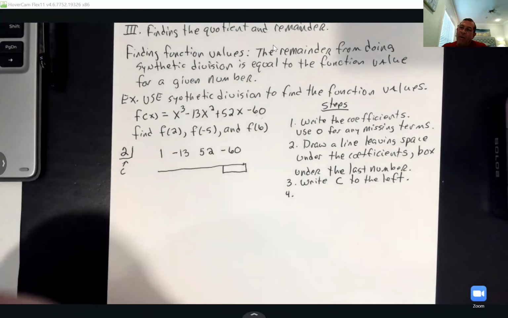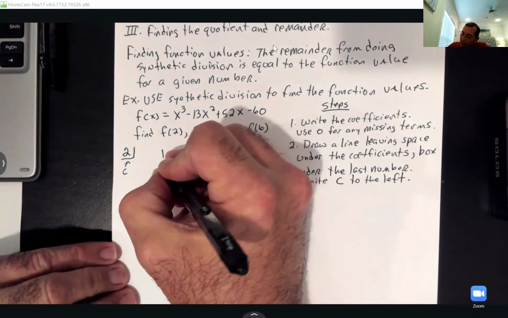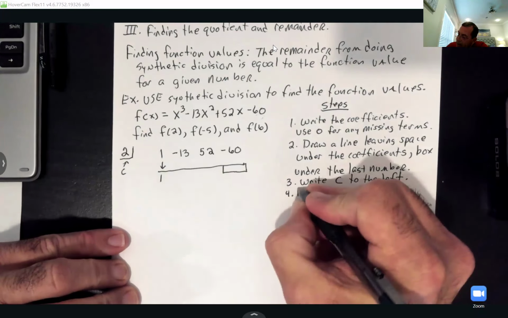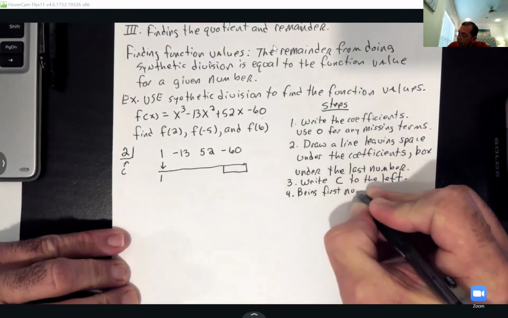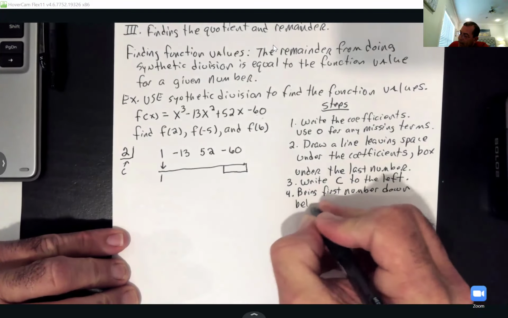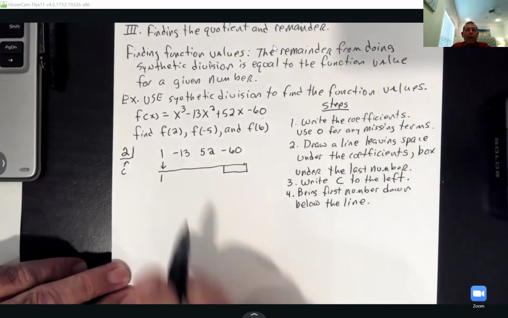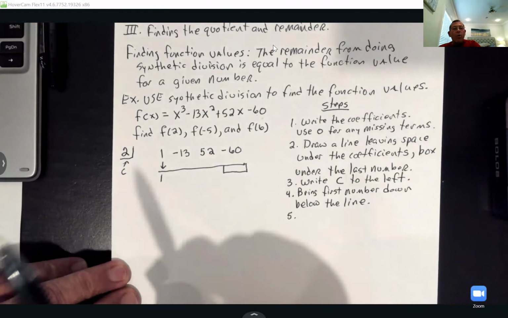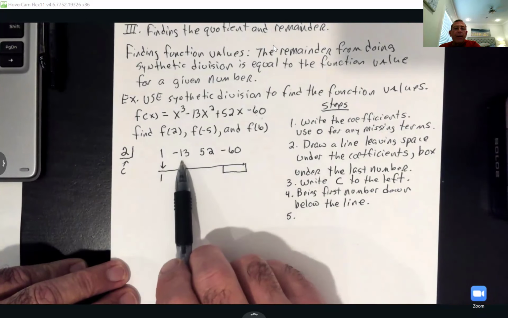All right, now we're ready for our synthetic division. So the first thing I'm going to do, you bring the first number down below the line. All right, so I brought my first number down below the line. Now, what we're going to do, we're going to put a number under that negative 13.